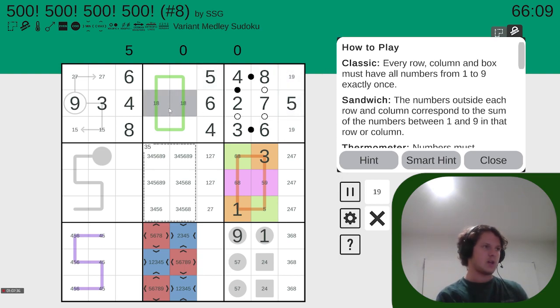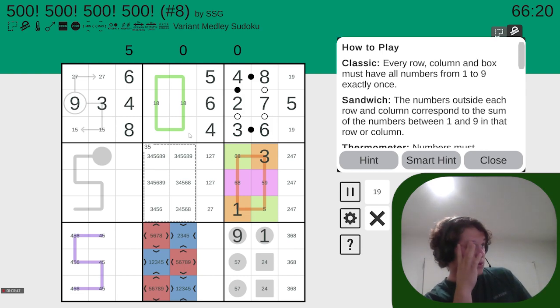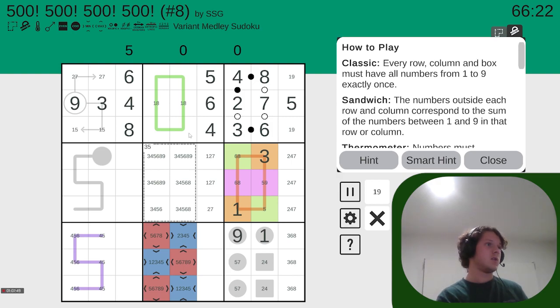Okay, this is the 1 and the 8. Okay, we are back where we were 20 minutes ago. Oh Lord, have mercy. The 8 has to be around a 2 and a 3, like this. Given the 2, it can't be up here.